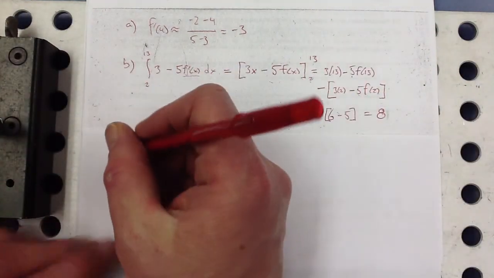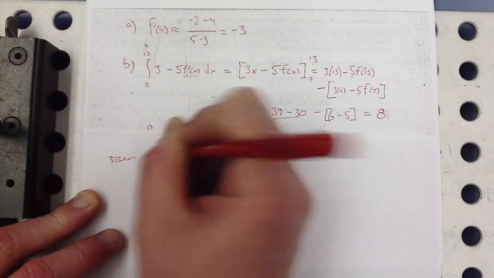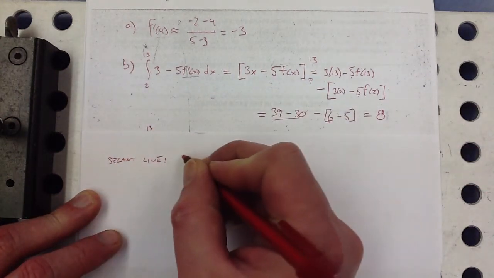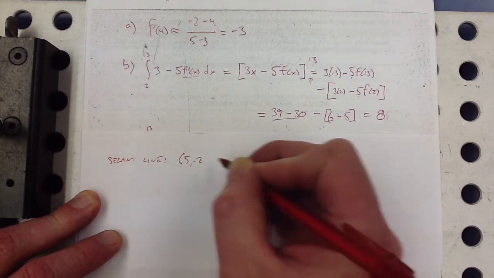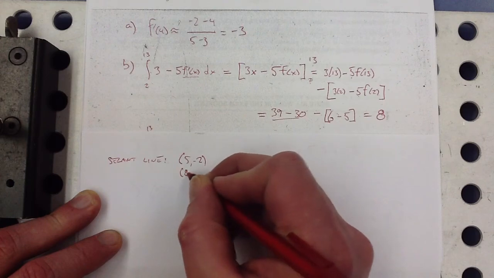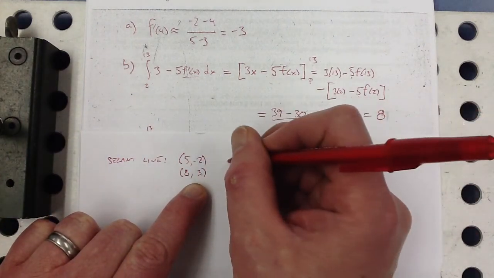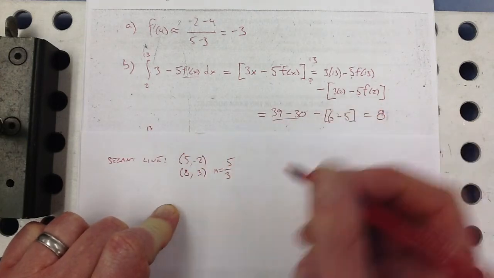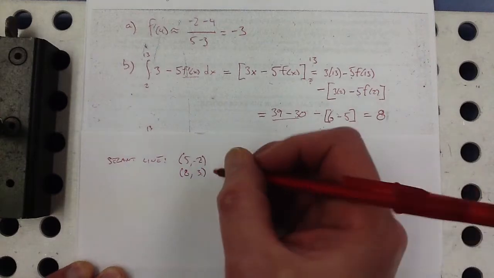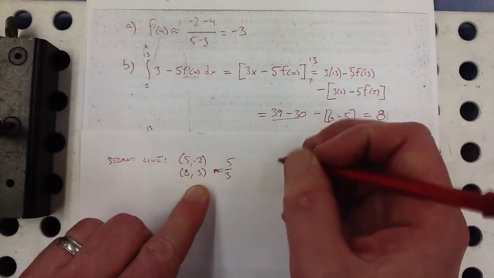Let's find our secant line. Secant line actually connects 2 points. So it's between the point 5, negative 2, and 8, 3. That slope, y minus y over x minus x. And remember, you haven't done this in a long time, but you can use either one of those points to find the equation.